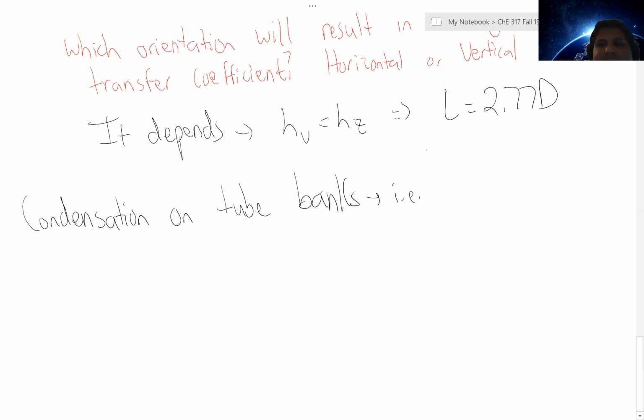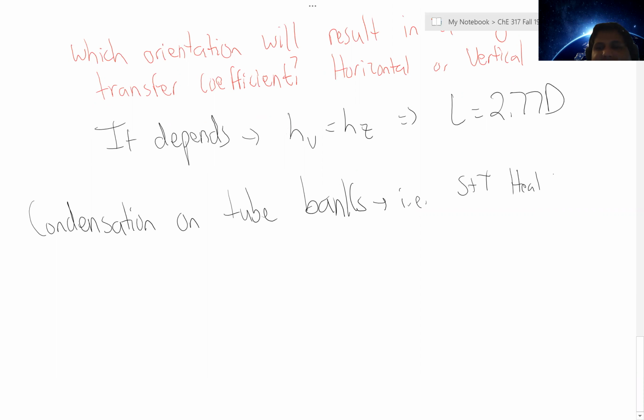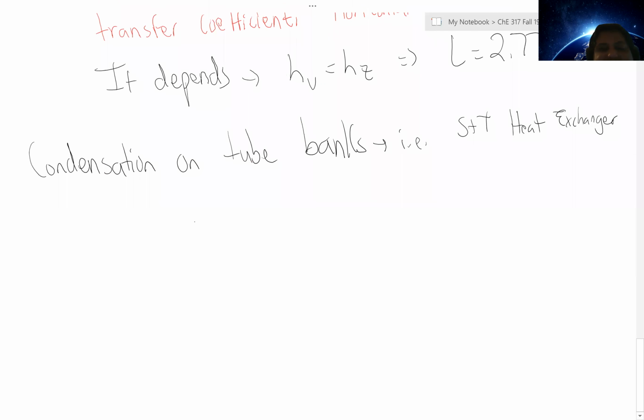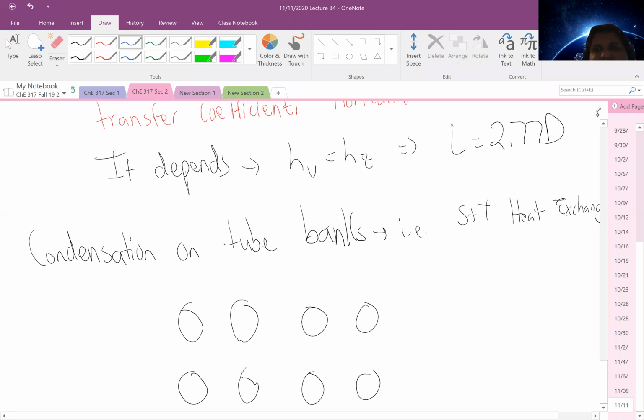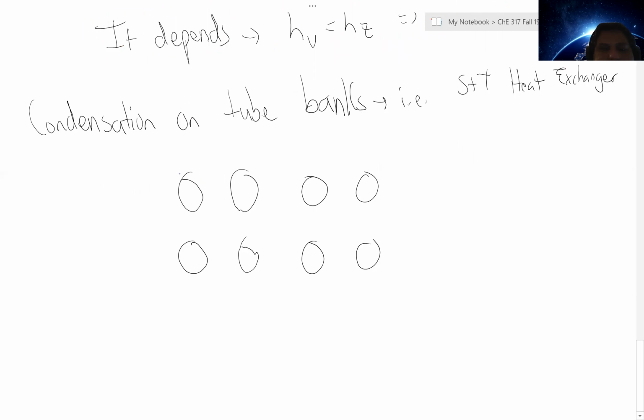i.e. shell and tube heat exchanger. Right, so if we're condensing something on the shell side of a shell and tube heat exchanger, we're going to have our tubes in some sort of order, and condensation kind of around these tubes.